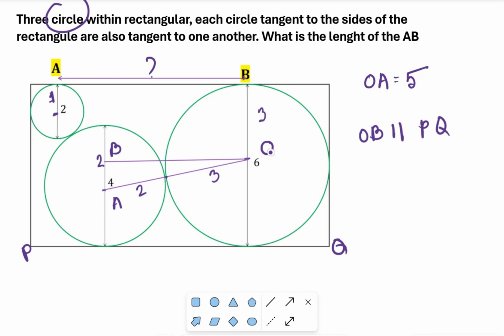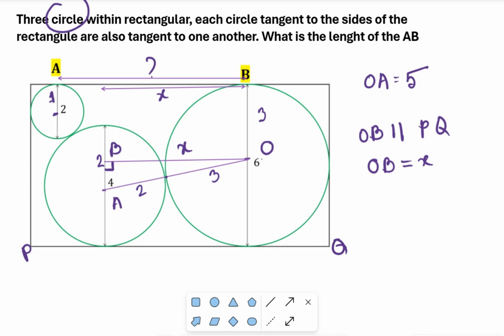It means here is a right angle triangle, right? And let's assume OB is equal to X. So OB length is equal to X. And of course, this length is also X, right?